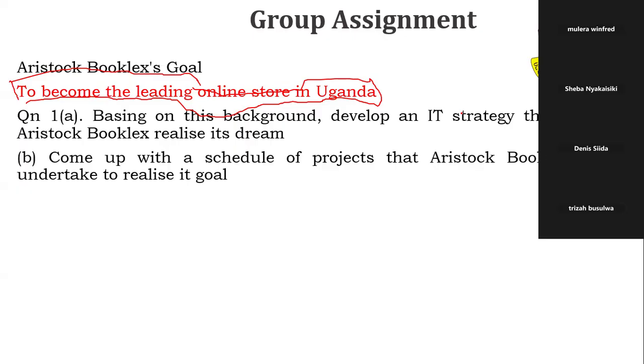Now, if I may answer Dennis's question about the strategic alignment being interfered with by the operation. You realize that strategic is high level.